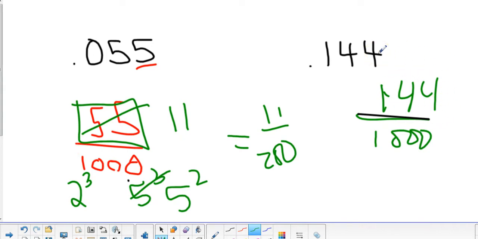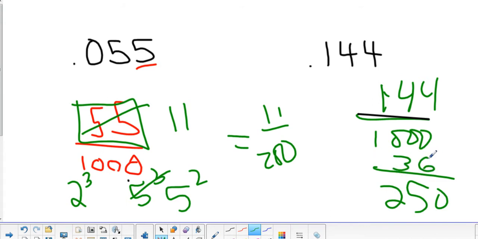So if I wanted to be super slick about it, I would divide it by 4, which would leave me, if I took away 2 of the 2's from my 2 to the third, 5 to the third, 5 to the third, which is 125 times 2, which is 250. So my denominator is 250, and if I divide this number by 4, you get 36 or whatever, right?